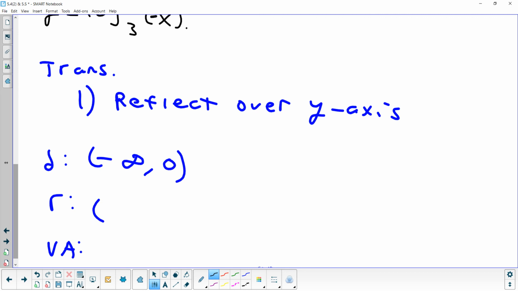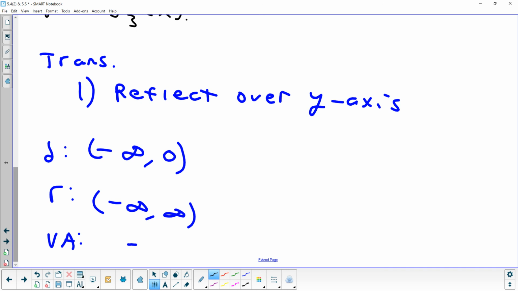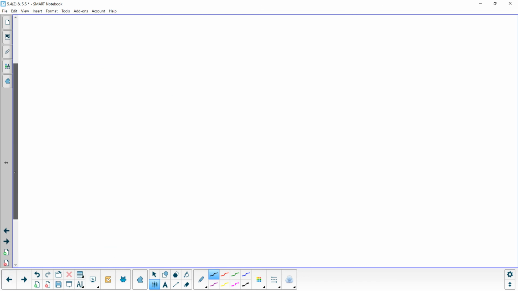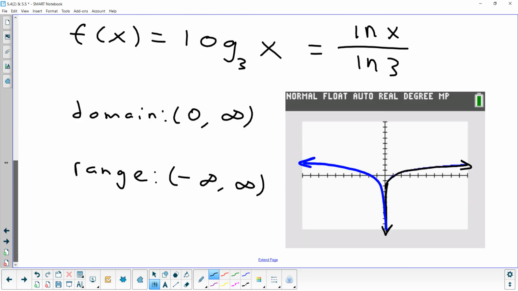You can't change the range of a log function. It goes up and down forever. So no matter what you do to it, it's still going to go up and down forever. And vertical asymptote always starts out with what letter? Yeah, x equals. And there is no change in the vertical asymptote because you reflected it right over the original vertical asymptote.